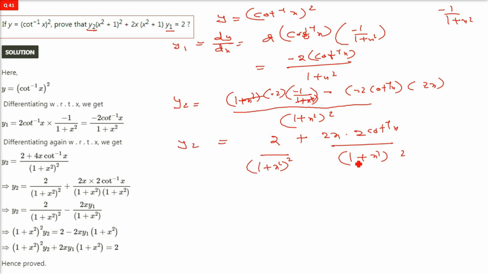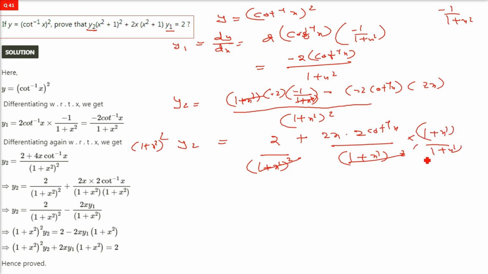So let us remove this and bring it to the left hand side. (1 plus x square) whole square, 2 will remain like that, 2x, 2 cot inverse x. In the question it is saying, do we have anything like this? Yes, we have it: minus 2 cot inverse x into 1 divided by 1 plus x square. So we'll multiply numerator and denominator by 1 plus x square.